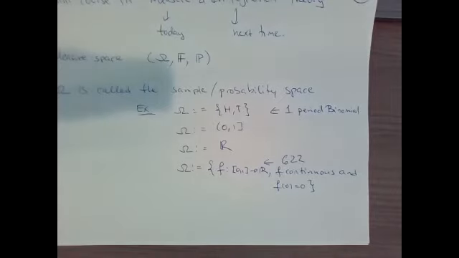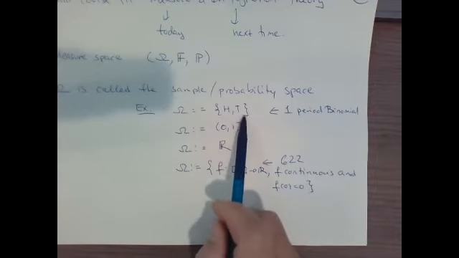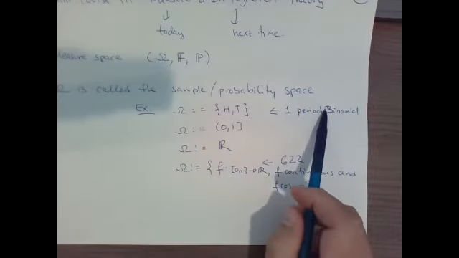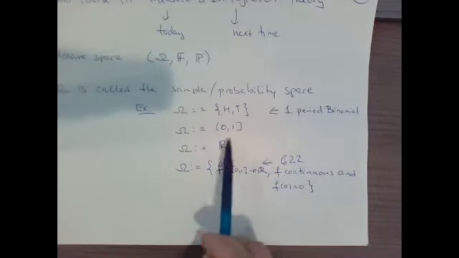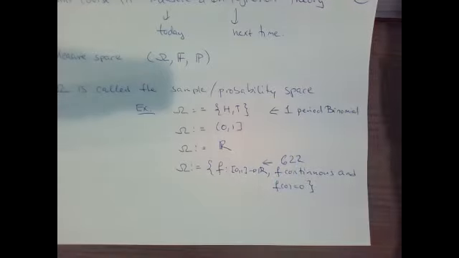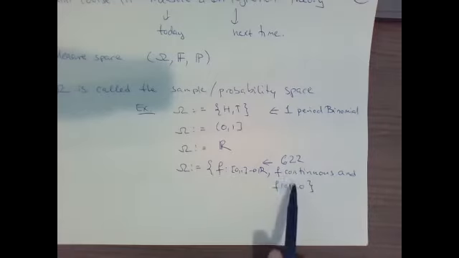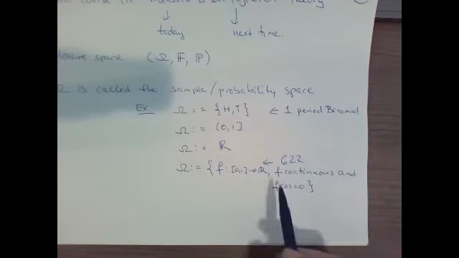So the underlying space can be quite complicated. Here you have 2 points, which is what we've been doing just before the break. You can have an interval, you can have the real line, and the last one is what you need in 622: the space of continuous functions that are 0 at 0.